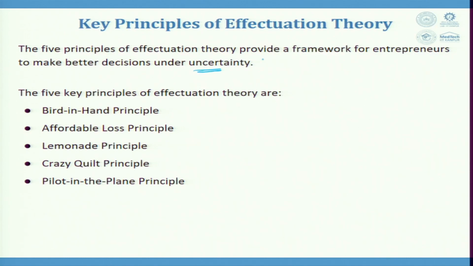When there is a resource limitation or when there is uncertainty whether the event will happen or not. The 5 key principles of effectuation theory are bird in hand principle, affordable loss principle, lemonade principle, crazy quilt principle, pilot in the plane principle.